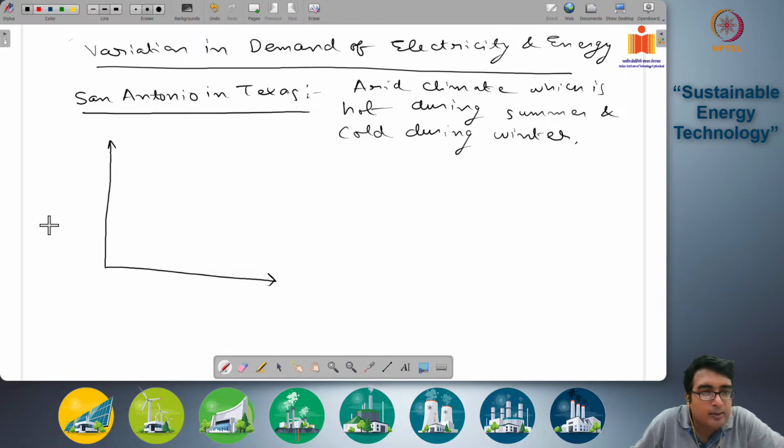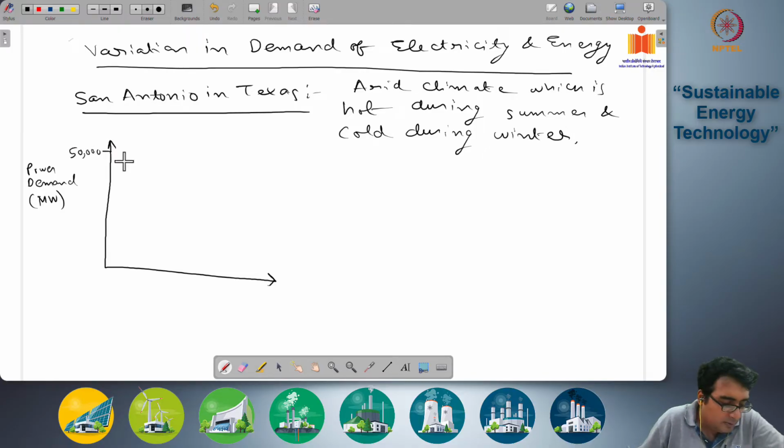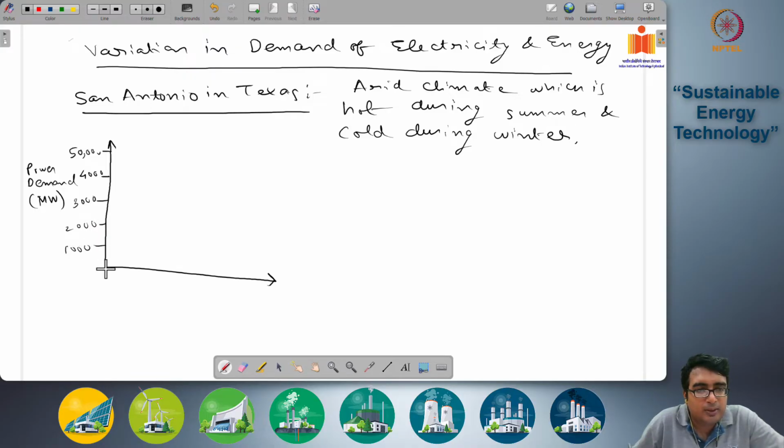Okay. So here is the power demand in megawatts. This is 5,000 megawatts, 4,000 megawatts, 3,000 megawatts, 2,000 megawatts, 1,000 megawatts, 0.